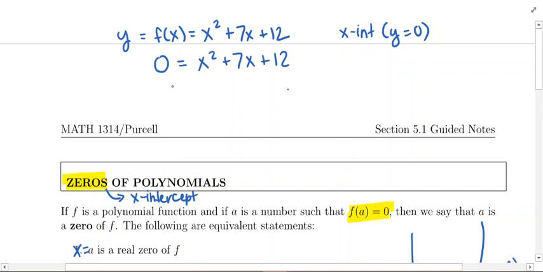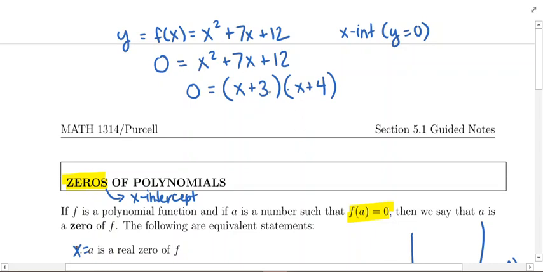To solve a quadratic equation, you either factor or you use the quadratic formula. Regardless, one side has to be 0 before you start. We do have one side equal to 0 already, so we can factor the non-zero side. This is going to factor into (x plus 3)(x plus 4). You can check it by multiplying it back out. You should get x squared plus 7x plus 12.